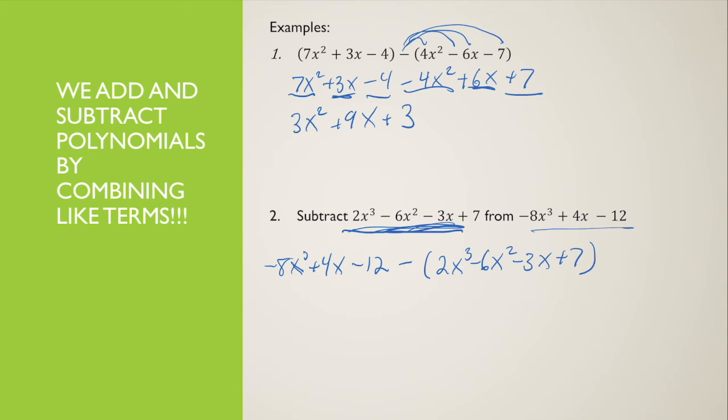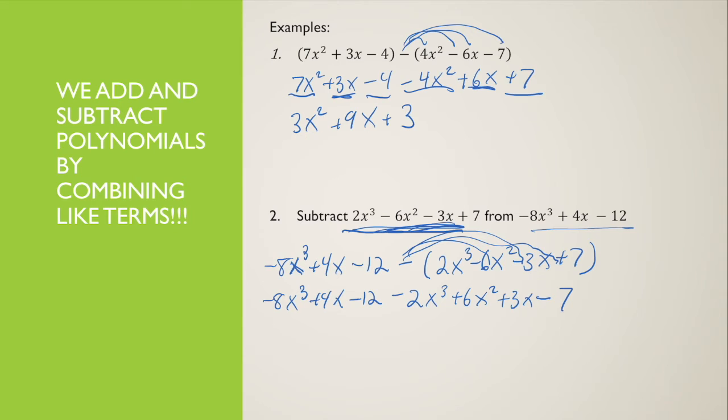And again, we need to distribute that negative. So I have negative 8x cubed plus 4x minus 12 minus 2x cubed plus 6x squared plus 3x minus 7.